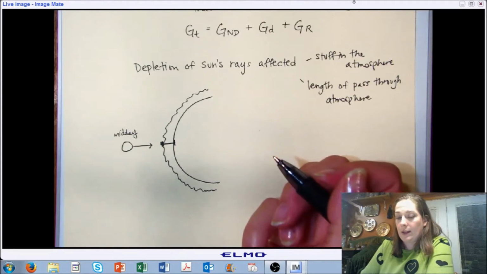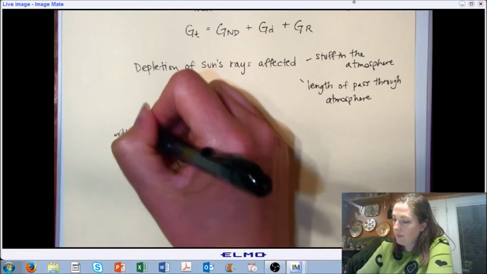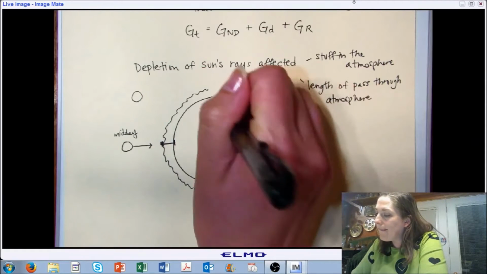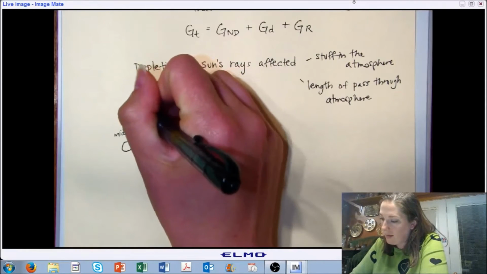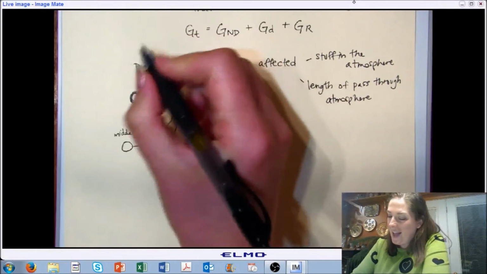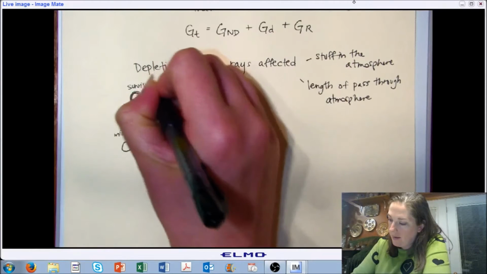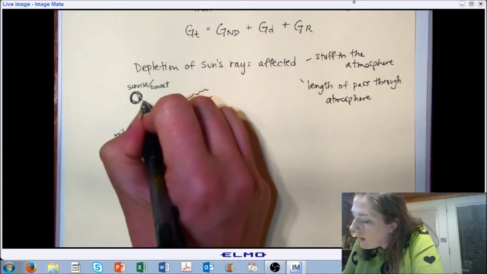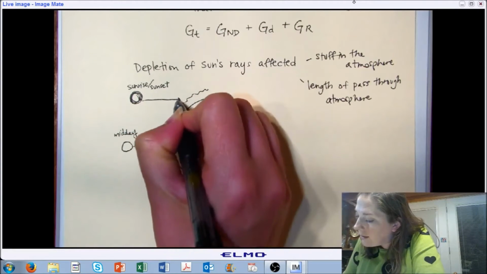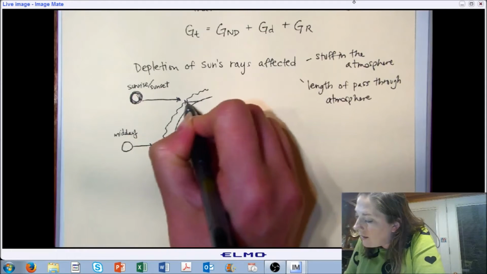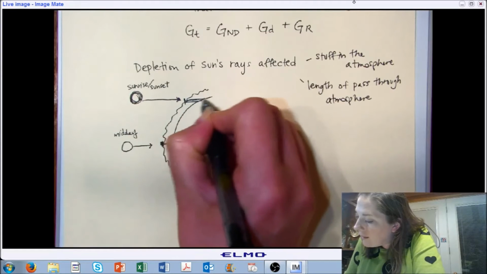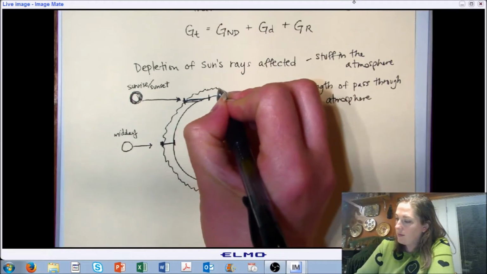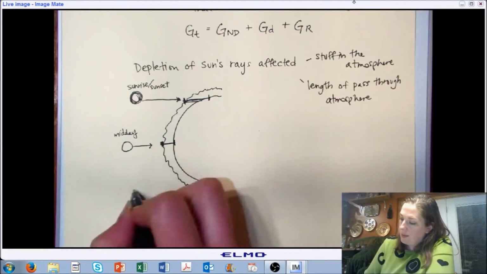Now, both earlier and later in the day, at sunrise or sunset, the sun's rays are going to be coming to the Earth, and they're going to have to pass a whole lot further to get to the Earth's surface.